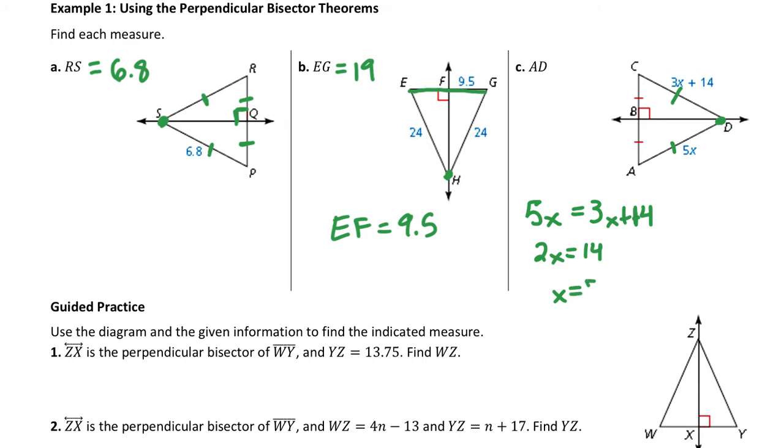X is 7. Now that doesn't answer the question that was asked initially. The question was, what is the length of AD, or the measure of AD? The measure of AD would require me to take 7 and substitute it in for x into the expression 5x. So 5 times 7 ends up being 35. So AD is 35.